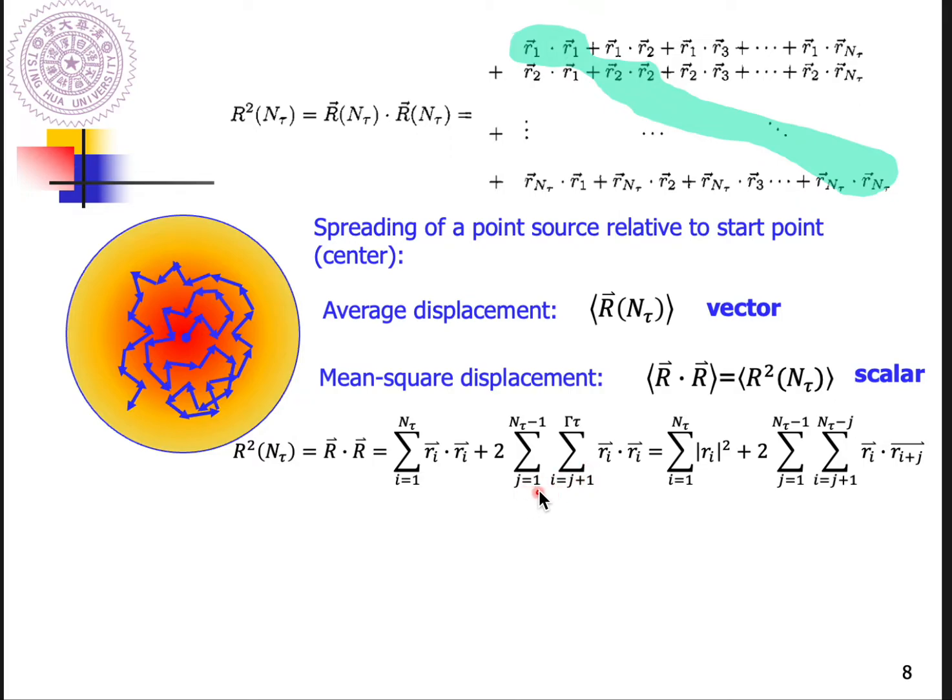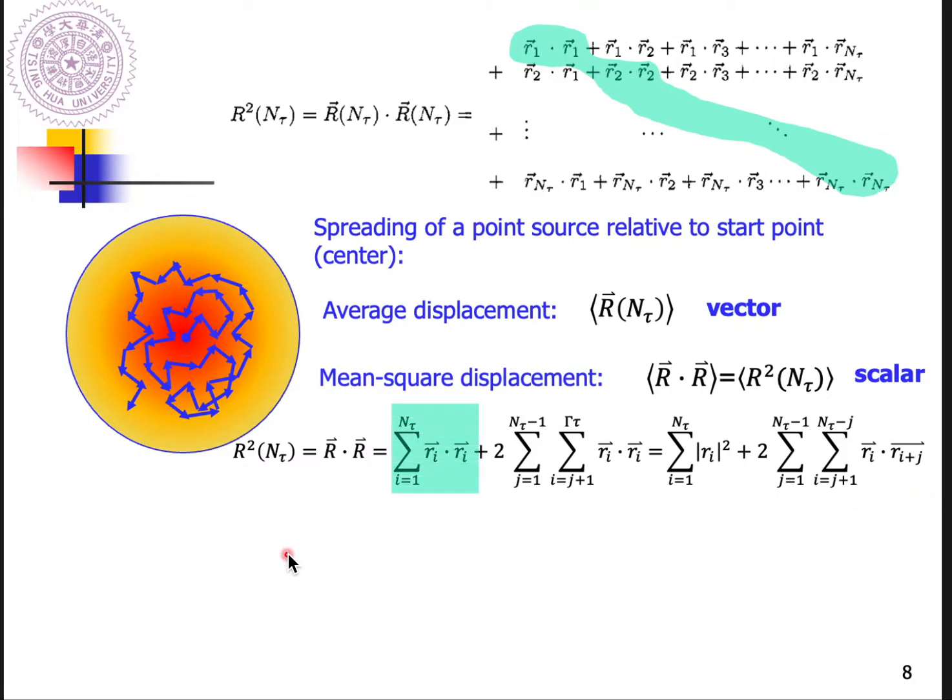If j equals 1, then i equals 2, so it will be r1 dot r2. And if j equals 2, then i equals 3, so it will be r2 dot r3. So you get this portion. If you simplify this, because r1 dot r2 is the same as r2 dot r1, you get 2 times the rest of the part. Okay, so you can simplify it like this.